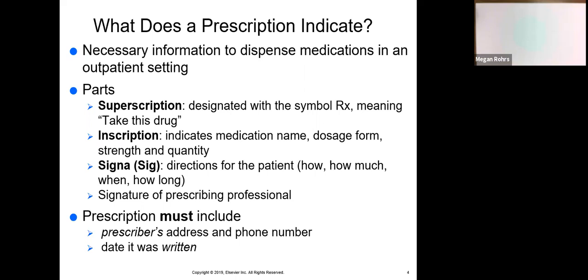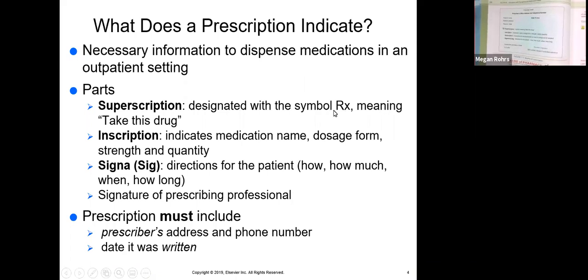And what that symbol stands for, it means take this drug. If you would like to follow along on page 128, there is actually an example prescription that has all of these terms on it. I'll show that here on my screen in just a little bit as well. So the superscription, that is going to be the RX symbol.